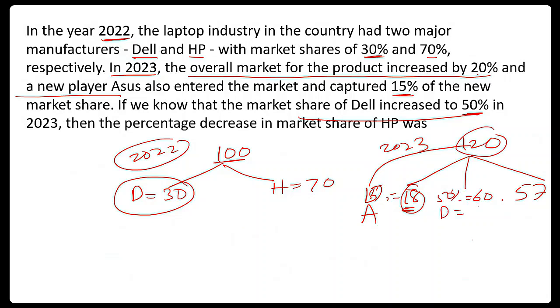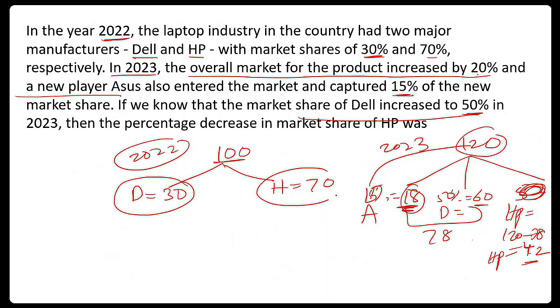So Dell 60. Now Asus 18, Dell 60, together 78. So remaining all HP, which is 120 minus 78, which is 42. So now HP market share is 42. It was 70 earlier, now reduced to 42.